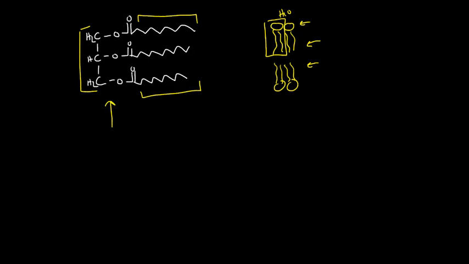Okay, so let's go ahead and redraw our glycerol backbone here. Okay, so we have CH2, CH, and CH2. We have our 3 alcohols, and these first 2 get condensed with a fatty acid.